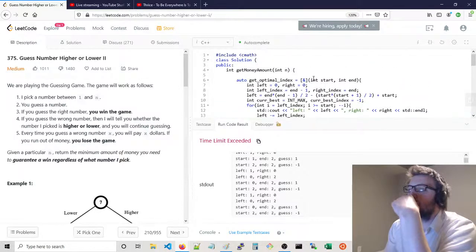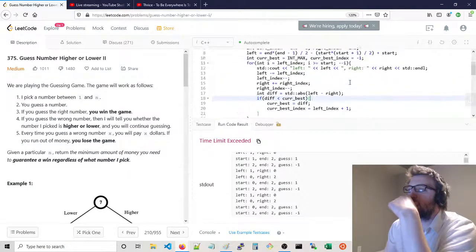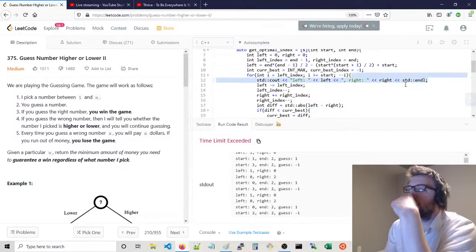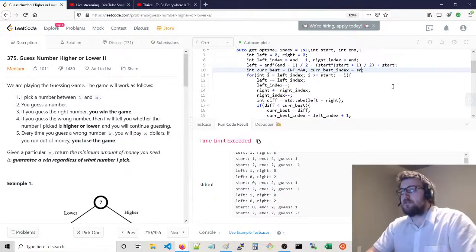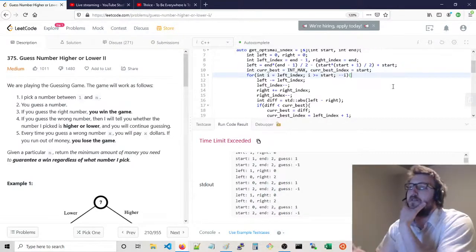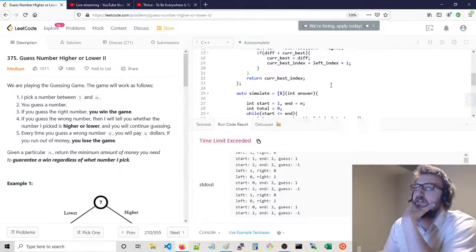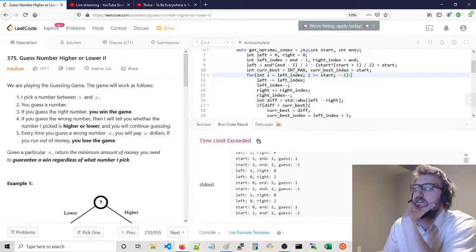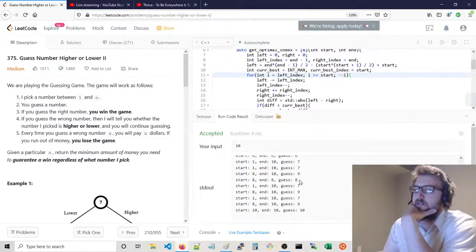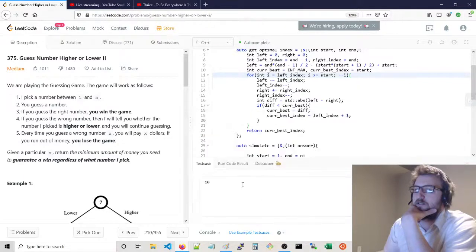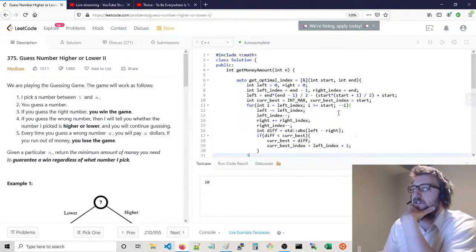Interesting. We're just going to say start. This is if they're equal to each other. Right? Oh, there we go. Oh, word 2 was right. No kidding.